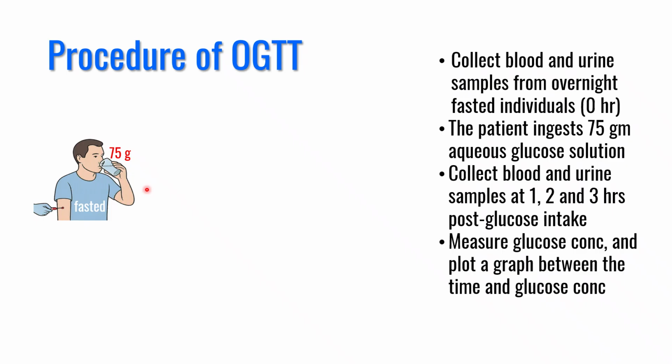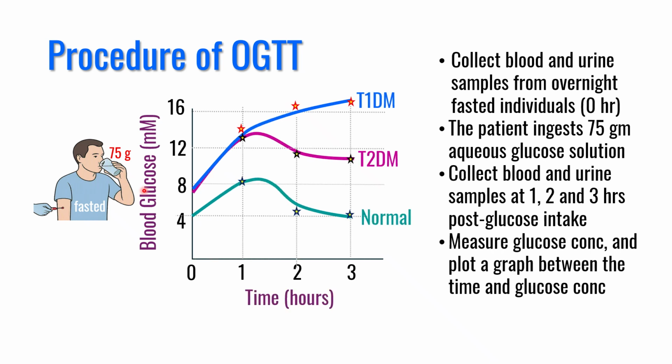Then the blood and urine samples are collected at 1, 2 and 3 hours post oral glucose intake. Glucose concentration is measured and a graph is plotted between the time and glucose concentration. As you can see, in the normal condition, the glucose level is normalized within 2 hours, whereas the level remains higher in type 1 and type 2 diabetes, indicating insulin deficiency and resistance.